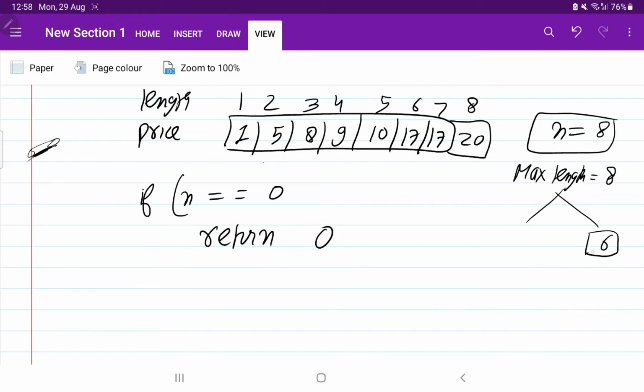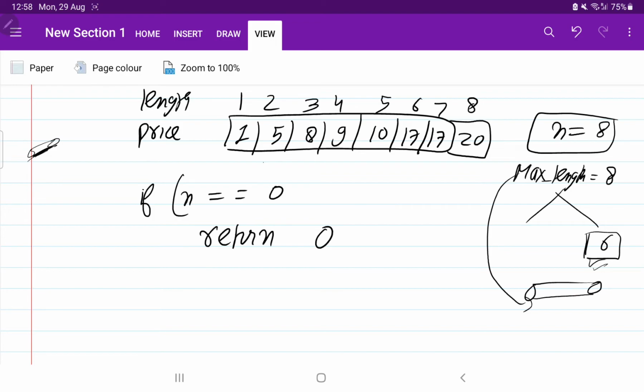If you have taken the decision that I will take 6, now what is the required length? That 6 is already done, now the required length is 2. So the maximum length now becomes 2, because 6 is already taken. So you need to take decision on this 2, right? So maximum length is also changing.